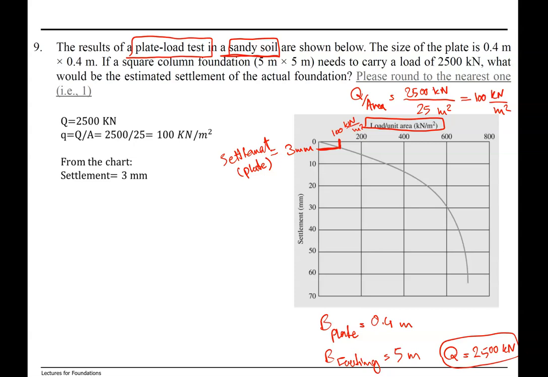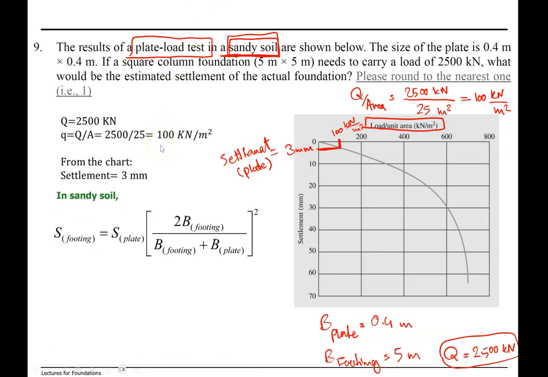We want to find the settlement in the actual footing, and it's in sandy soil. So again, you need to go back to the beginning of this video and find the settlement formula in sandy soil. So in plate, we have 3 millimeters.